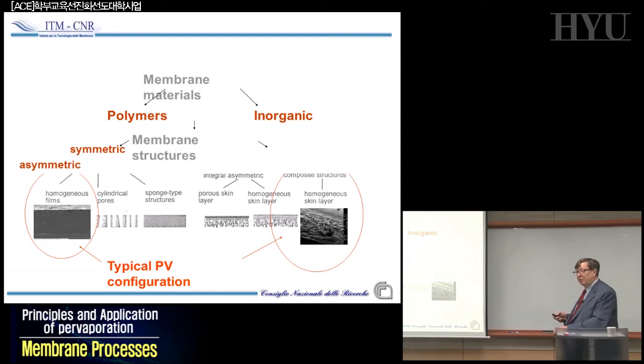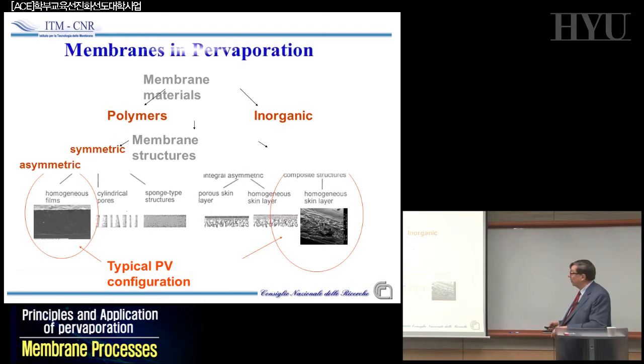This is one of the cases in which some silicalite, some zeolite kind of membranes have been produced in Japan, by Mitsui Engineering, just for large-scale application in alcohol concentration, in the dehydration of alcohol, basically. So we have polymeric membranes utilized, but also inorganic membranes, basically for alcohol production.